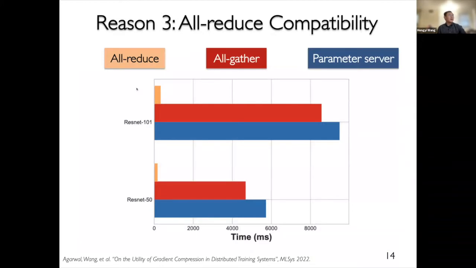And also sometimes the gradient compression is not compatible with the all-reduce API, which means it can only be implemented with a less efficient gather API, such that its performance won't be comparable to the all-reduce collective communication API.